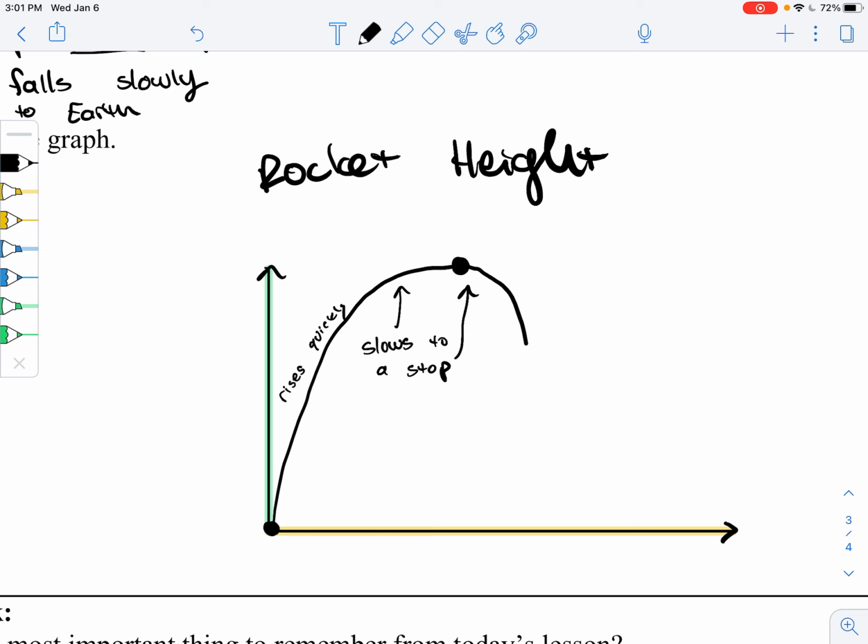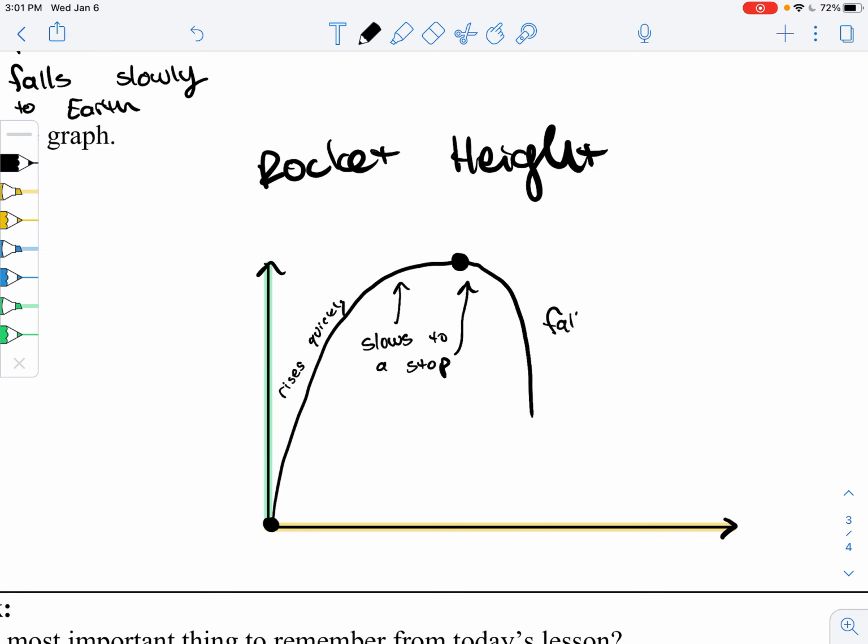And then after it goes up, up, up, it starts to fall back down and it's gaining speed. It's going real fast. But then, falls quickly. Got so absorbed in my story. Until parachute opens. Oh, shoot. When the parachute opens, it falls slowly back to Earth.